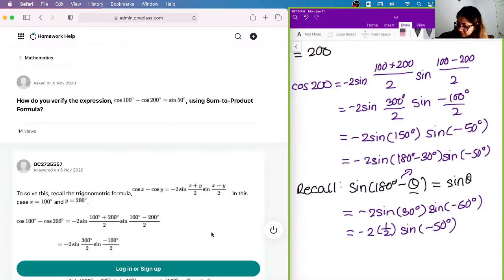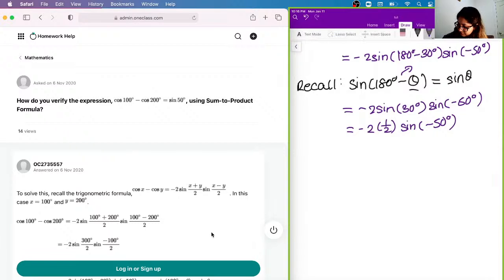And if you also recall another formula, negative sine of negative x is equal to sine of x.